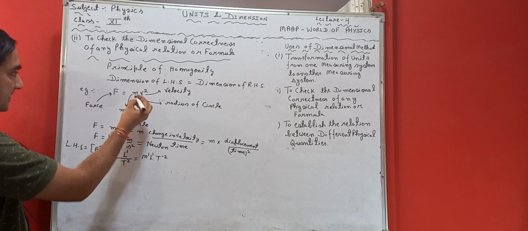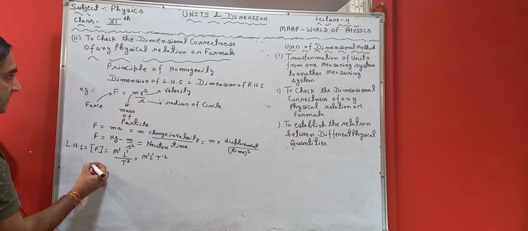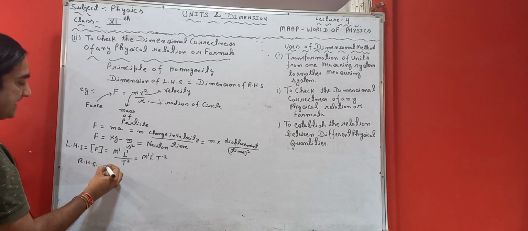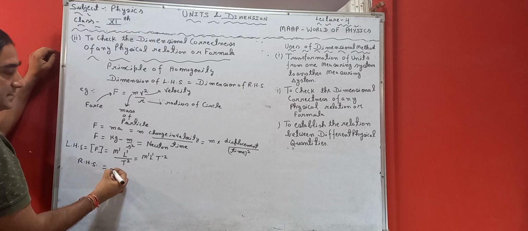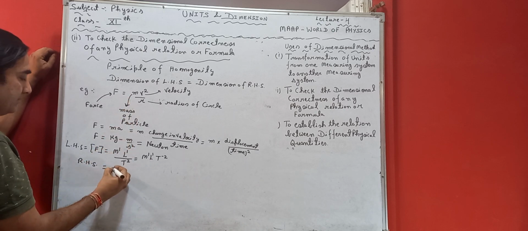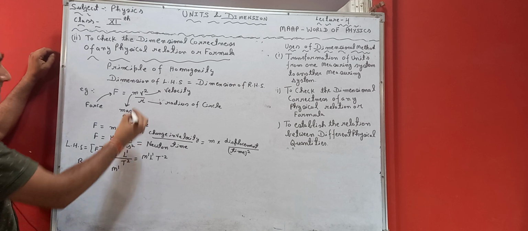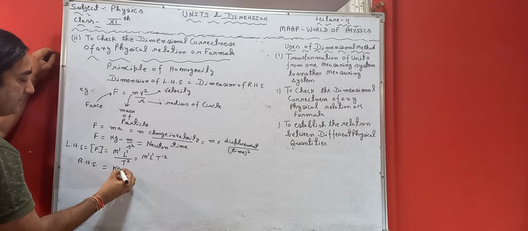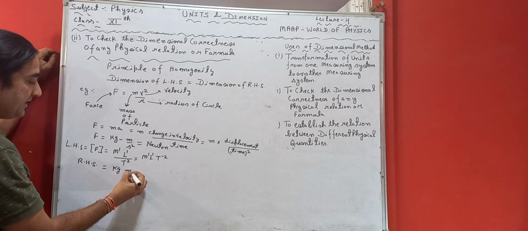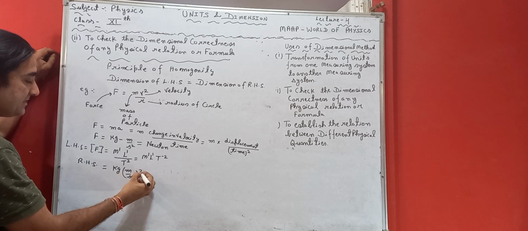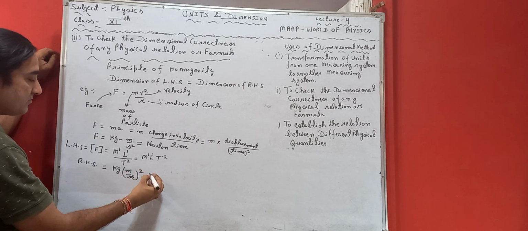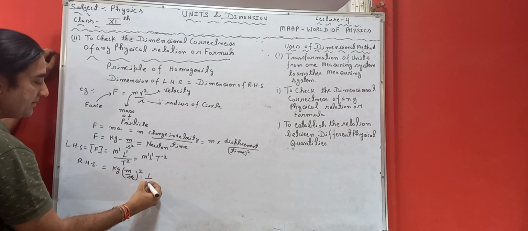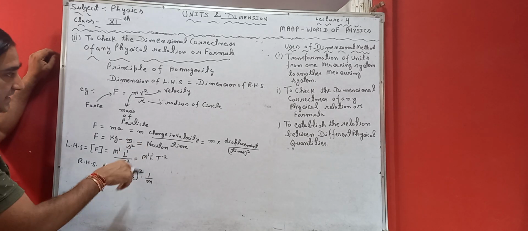The dimensional formula of RHS: mass can be written in kilogram, velocity in meter per second, whole square, upon radius, which can be written in meter itself because radius is length.